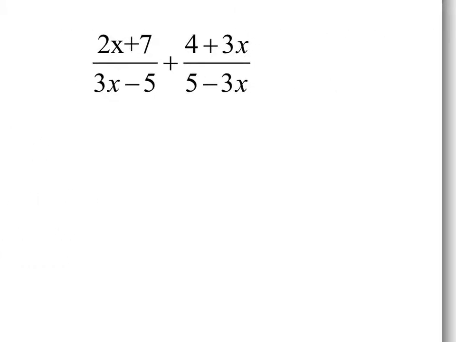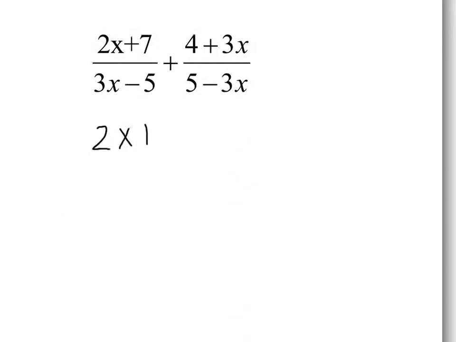Common denominator, so close. It's almost 3x minus 5, but that one's 5 minus 3x. What do we do when the factors seem to be opposites? We factor out a negative.